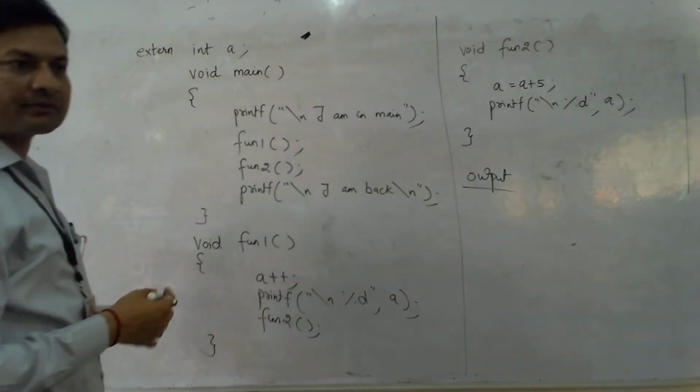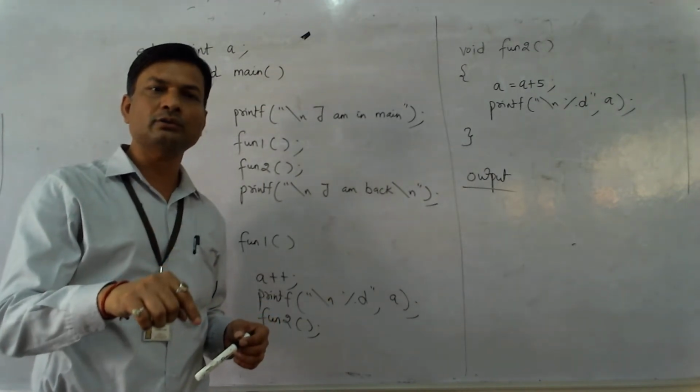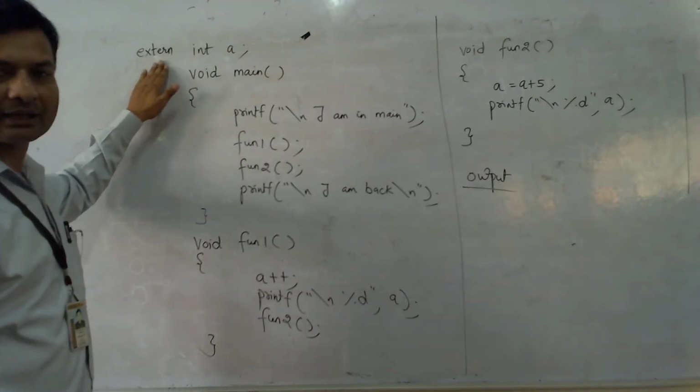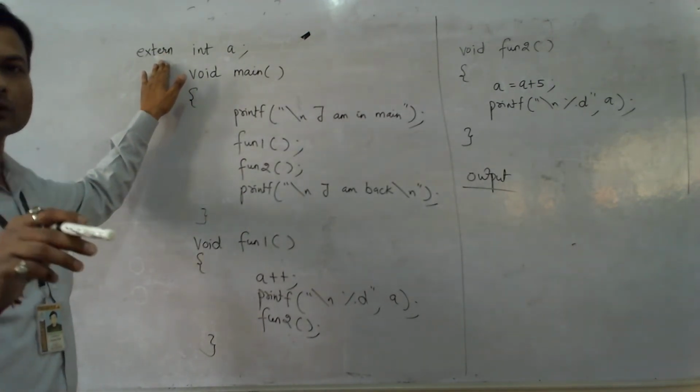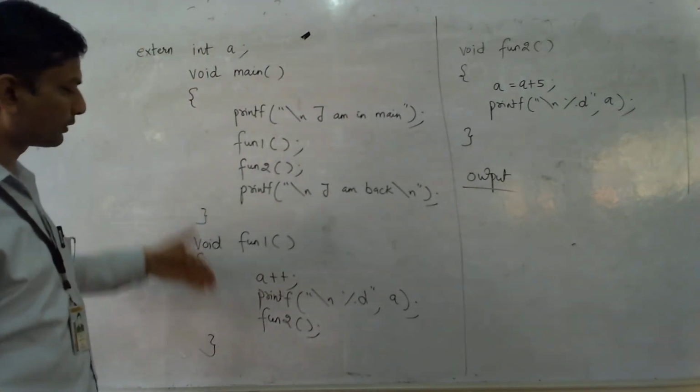You might be confused with automatic storage class variable. I have also told you that if we do not mention the name of any storage class, then that variable belongs to automatic storage class. It holds good only in the case when the variable is declared inside any block.